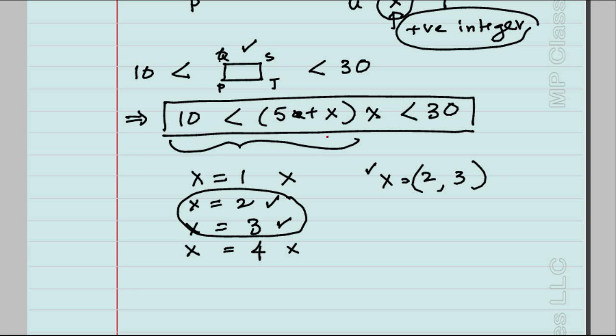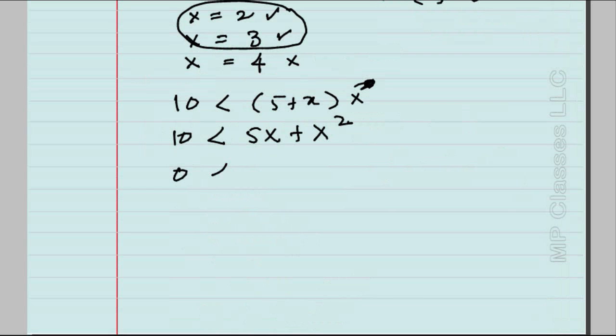Now consider the scenario, if you have a calculator and you thought that this was quadratic and you went ahead and did it by the quadratic method, you can see how difficult it's going to be. So our first part would be 5 plus X times X, and that is 10, 5X plus X squared, so 0, X squared plus 5X minus 10.